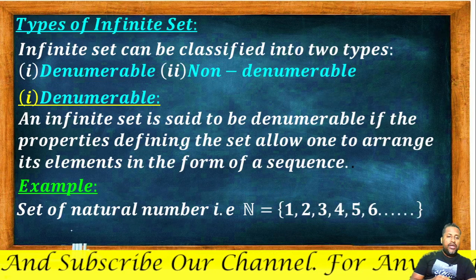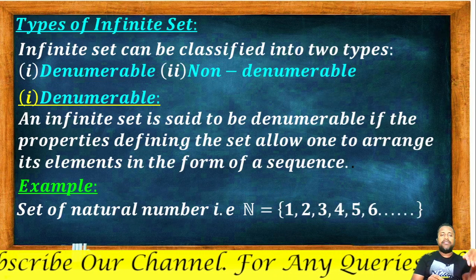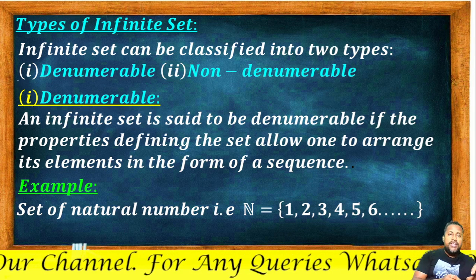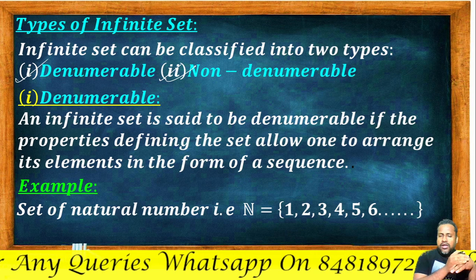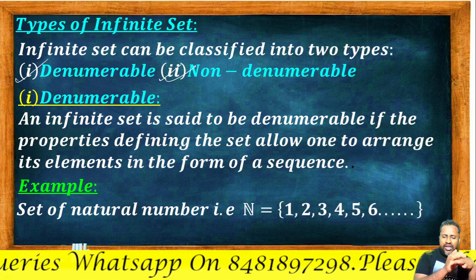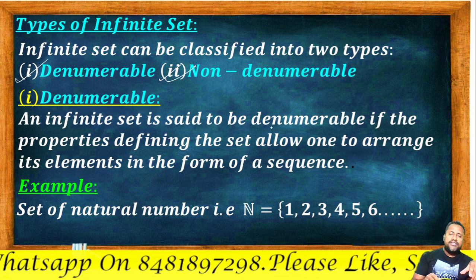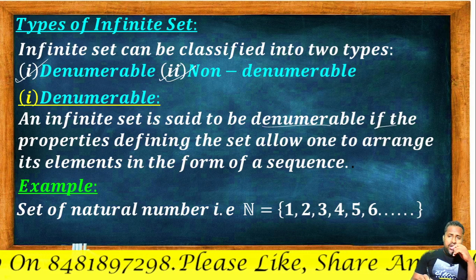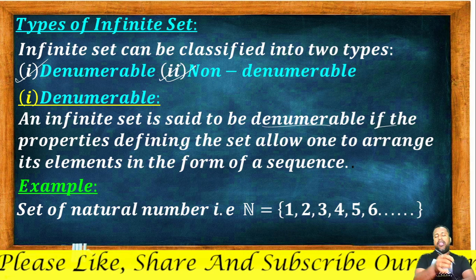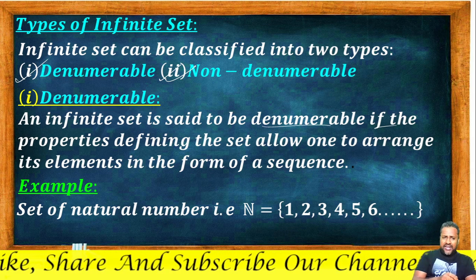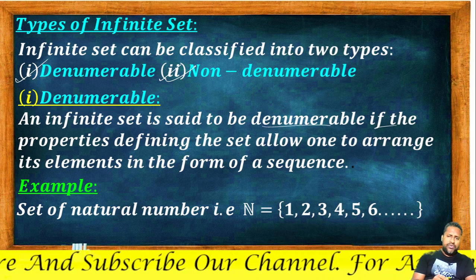Now infinite sets are of two types, one is the denumerable set and another is the non-denumerable set. What is a denumerable set? An infinite set is said to be denumerable if the properties defining the set allow one to arrange its elements in the form of a sequence.